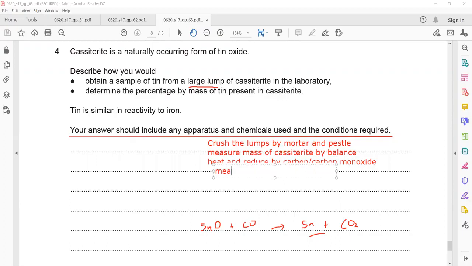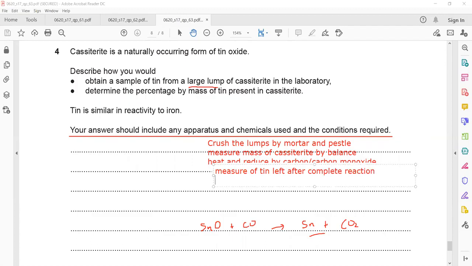Then measure the mass of tin left after complete reaction. Then we need the percentage of the tin present in this ore.